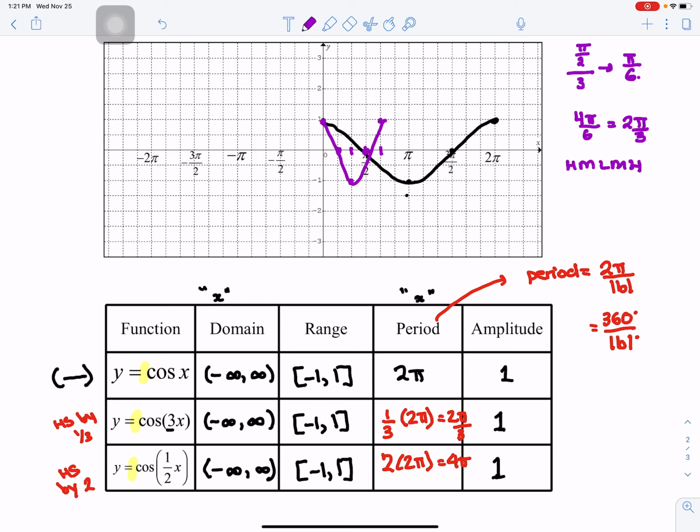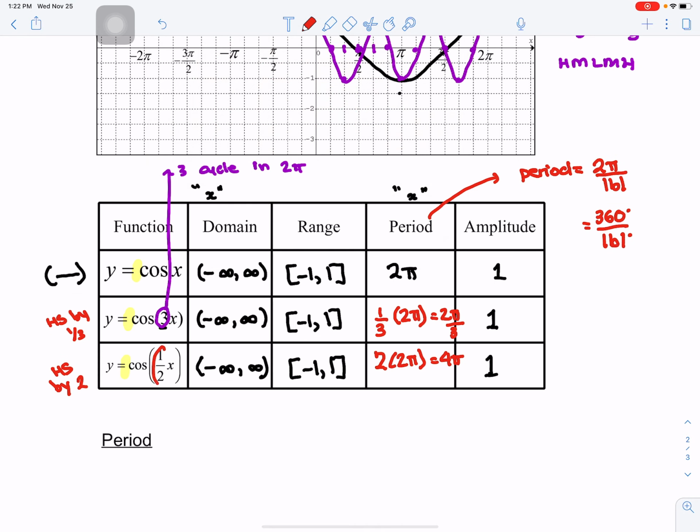So if I look, high, middle, low, middle, high, there's 2 cycles, high, middle, low, middle, high. I'm ending up with 3 cycles in 2 pi. So this 3 means 3 cycles in 2 pi.